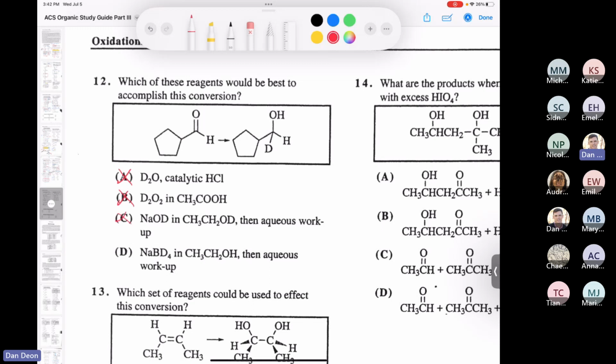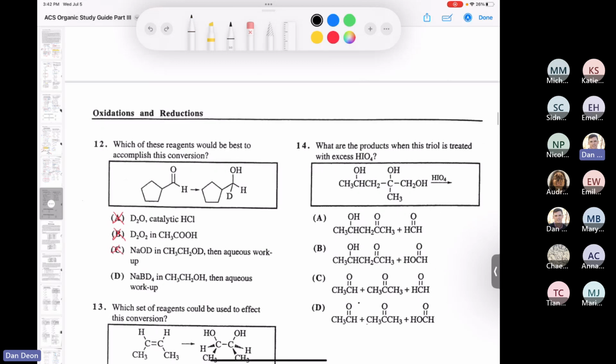But if you look at the next one, instead of sodium borohydride, it's sodium borodeuteride. And so what you would have is the borodeuteride ion, which would look like this. You just replace the hydrogens with deuteriums like this. And so the first step of the mechanism is going to be this. And that explains why we have a deuterium in this position.